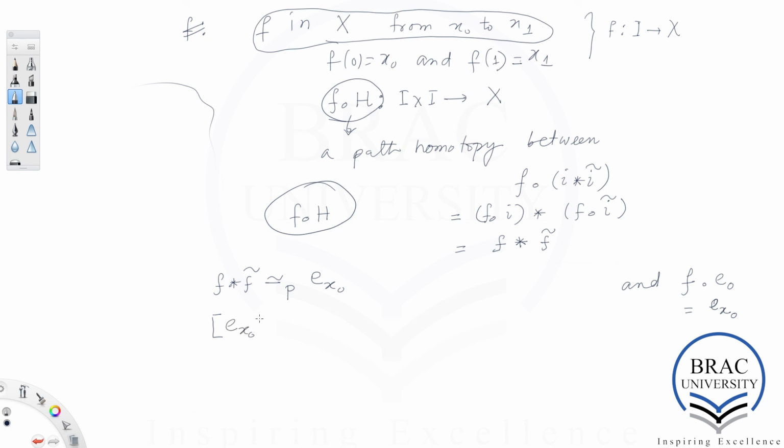The class of E sub x0 is equal to, since they are path homotopic, they belong to the same class, and by the well-definedness of the product between homotopic classes of paths, let us write this: the class of f star the class of f twiddle, the reverse of f.